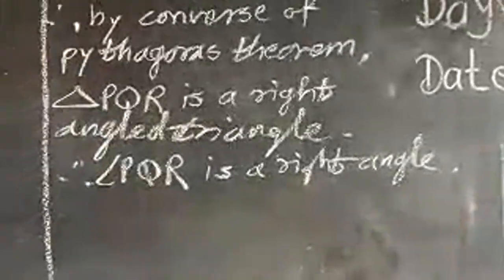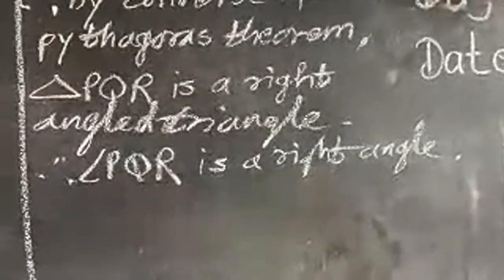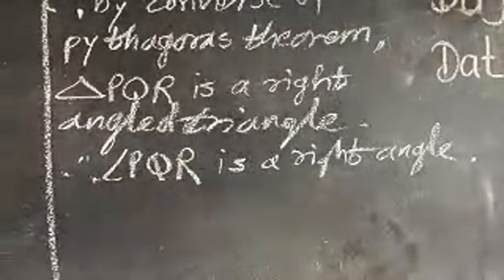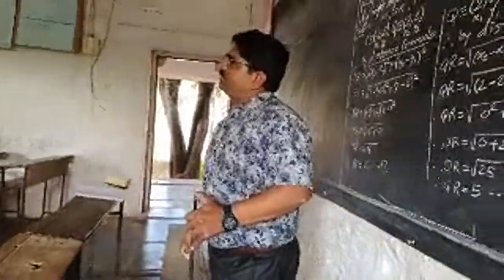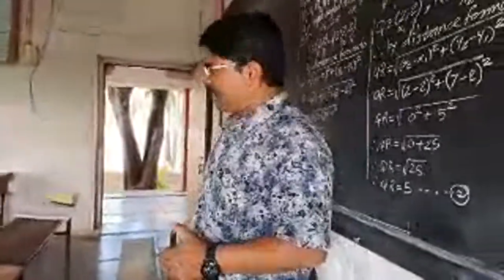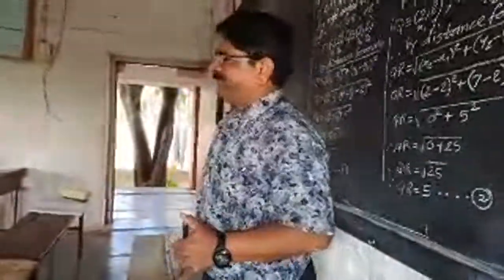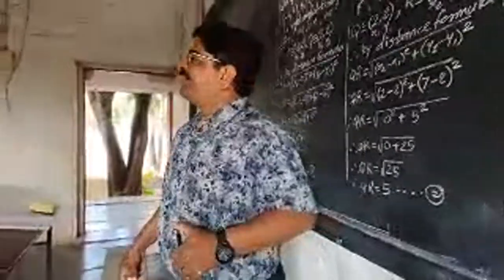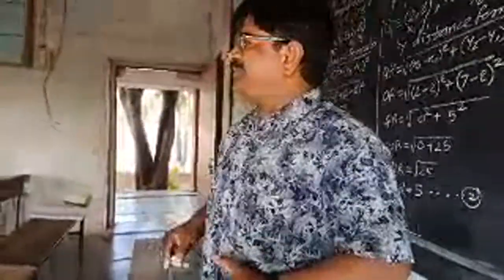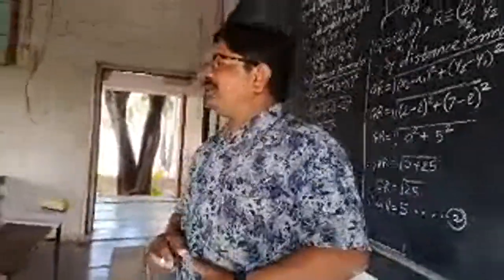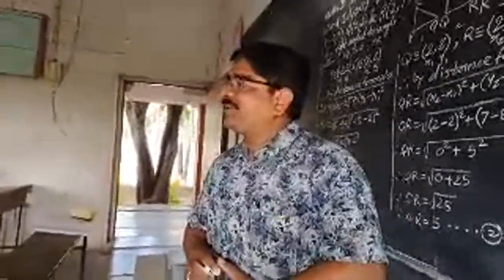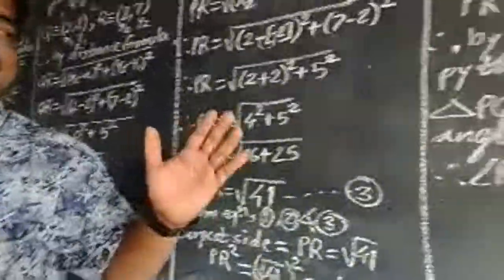How do you decide that angle PQR is a right angle?